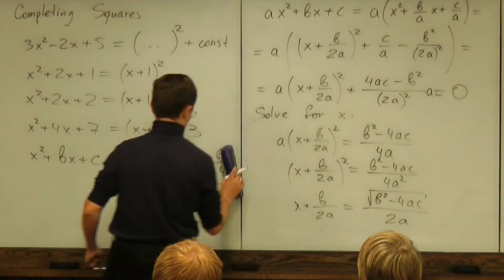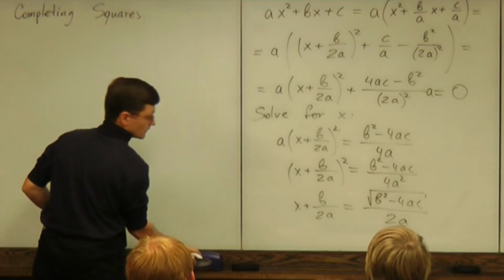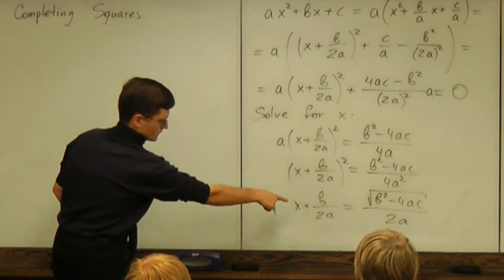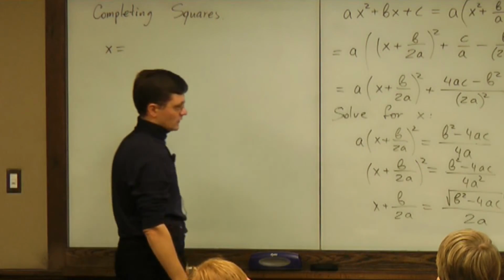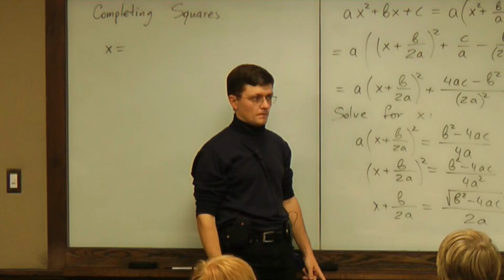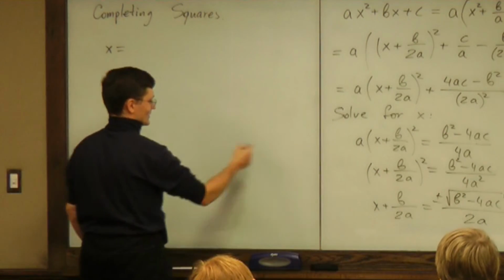And then what do we do? Well, I take this term to the right. So x is, there's something I forgot here. What did I forget? Plus minus, that's right. You're paying careful attention.